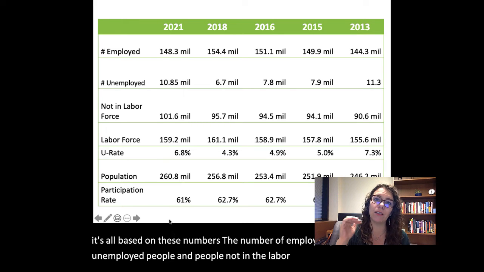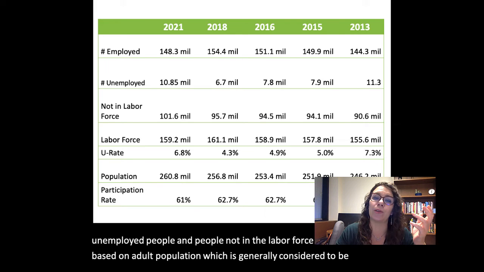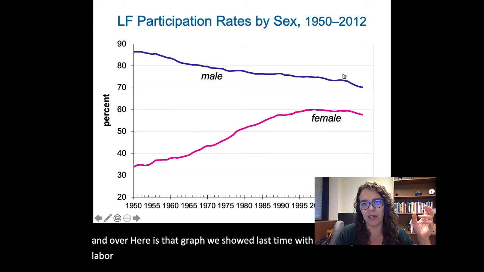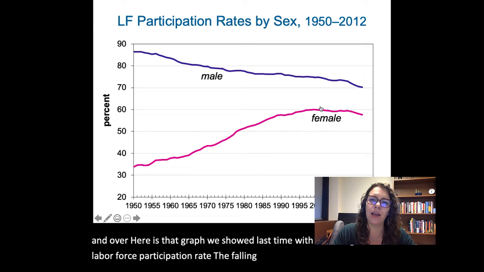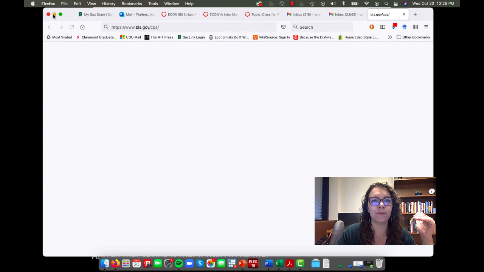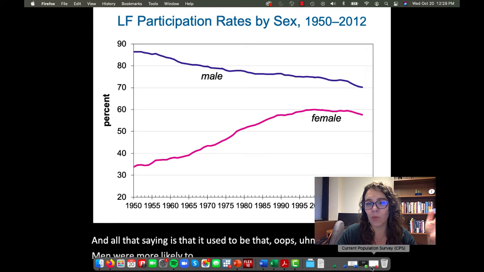And all that's based on adult population, which is generally considered to be age 16 and over. Here's that graph we showed last time with the rising female labor force participation rate and the falling male labor force participation rate. And all that's saying is that it used to be that men were more likely to be in the labor market than women, and that has changed.